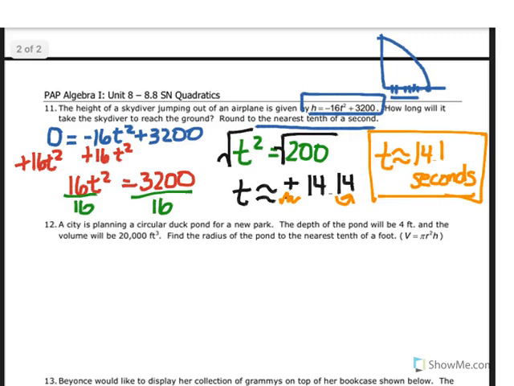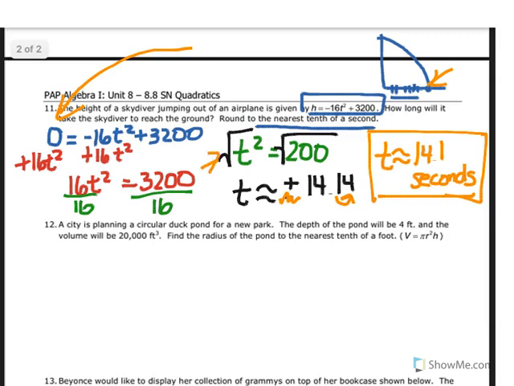Okay, so my answer is t is approximately equal to 14.1 seconds. And you can see my work here. First of all, we set our quadratic equal to 0 because we want to find when he hits the ground. That's when the height would be 0. Add 16t squared. Then to get the t squared isolated, I divided each side by 16.